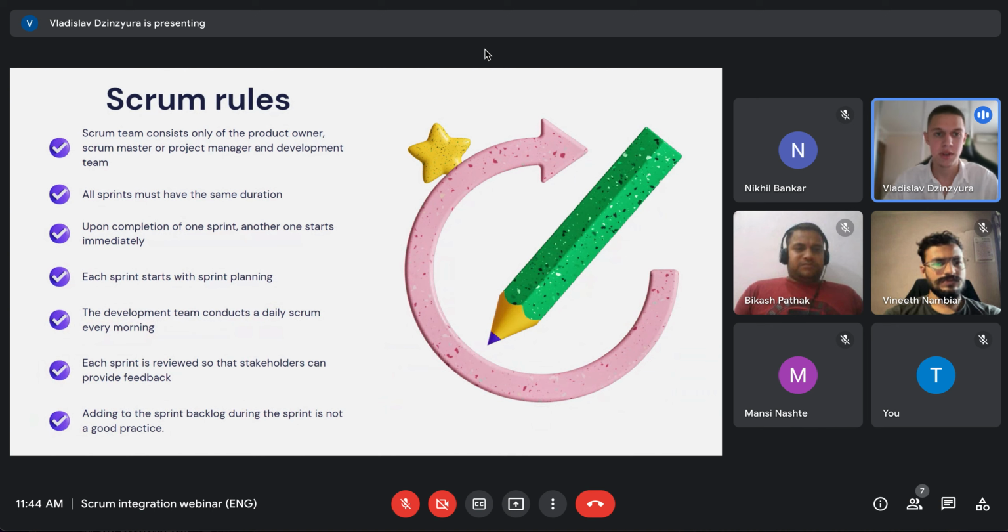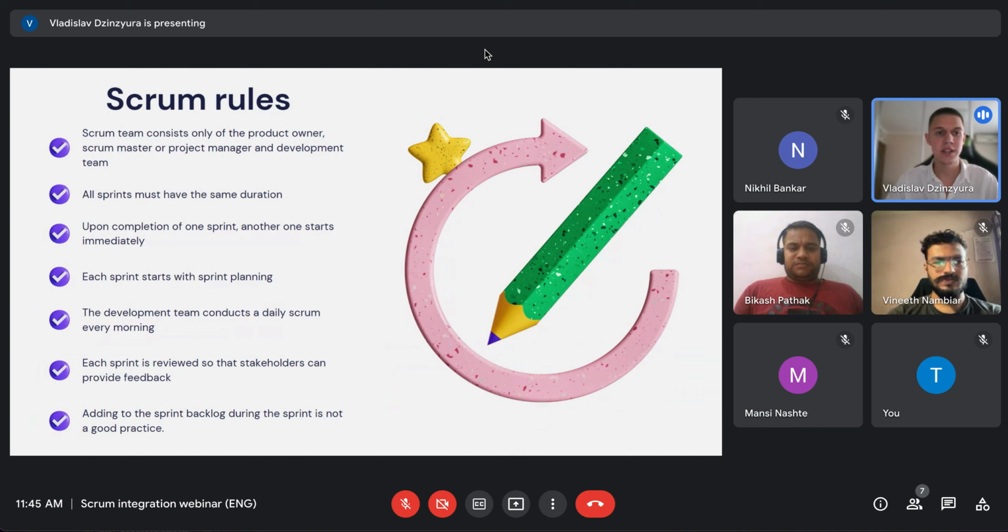All sprints must have the same duration. So, for example, if we receive some mail from the client and the new project starts, we should discuss what will be the duration of the sprint. So it can be 1 week, 2 weeks, or 1 month, but it can't be more than 1 month.